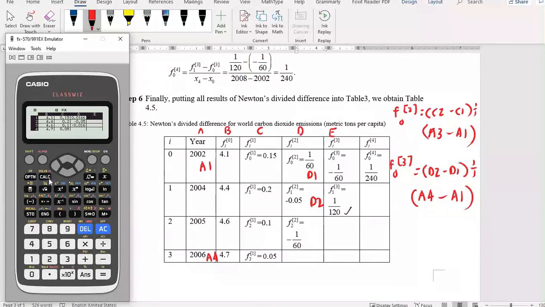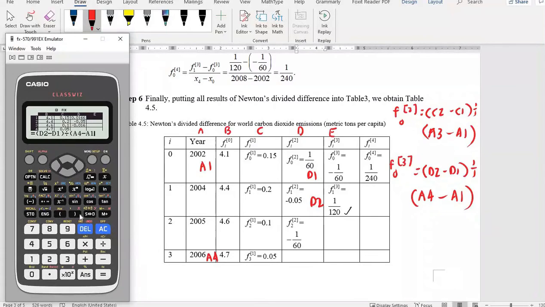So alpha D2, because the previous column, next row, D2 minus alpha D1, divided by A4, because it's 0 plus 3, x number 3 stored in A4, minus x naught, which is stored in A1.